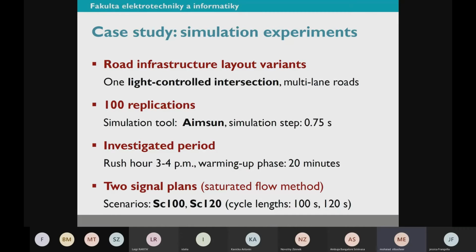The simulation tool EMSS was used, and the simulation step applied was 0.75 seconds. The focus was on the rush hour between 3 and 4 p.m., and each simulation run at first applied a warming up phase of 20 minutes of simulation time.